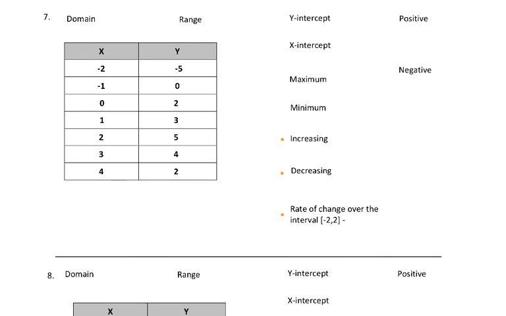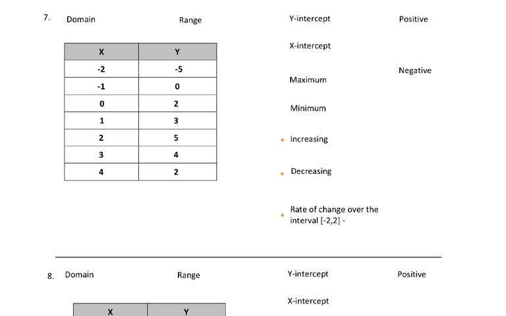All right, now with the tables, a little different. Okay, we go from one y value to the next to see if we're increasing or decreasing. -5 to 0, I'm increasing. 0 to 2, increase. 2 to 3, increase. 3 to 5, increase. 5 to 4, decrease. 4 to 2, decrease. But it's still, again, it's the x values.